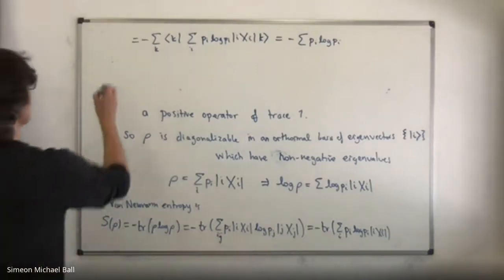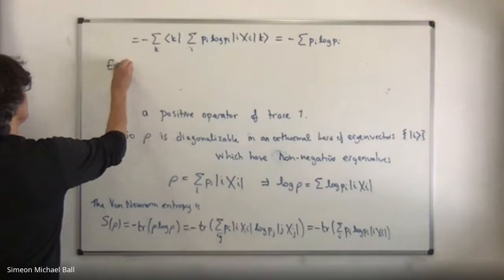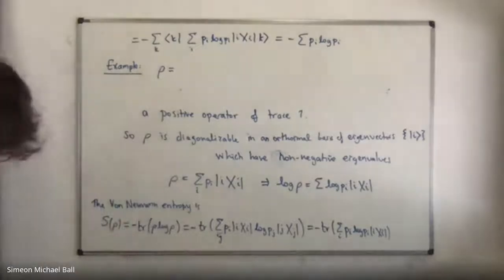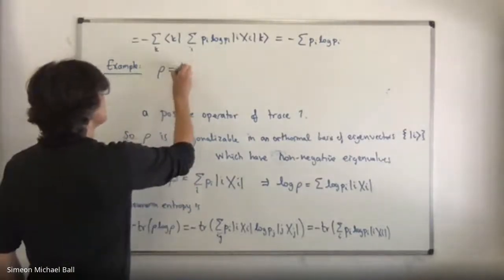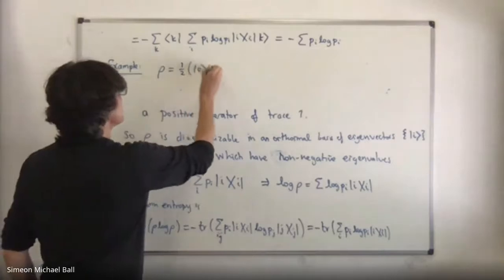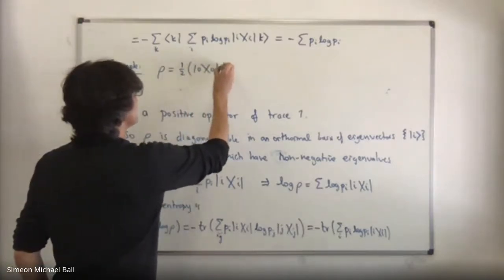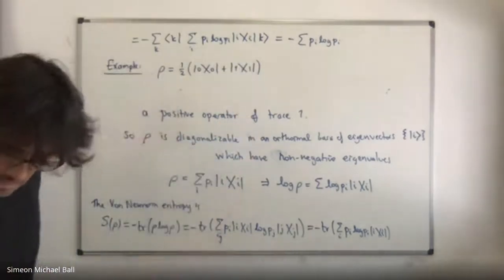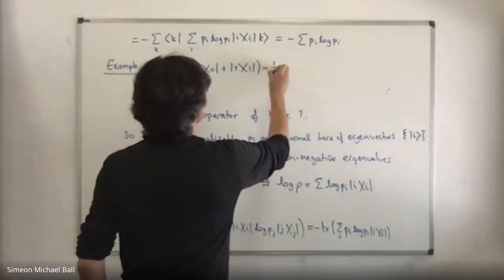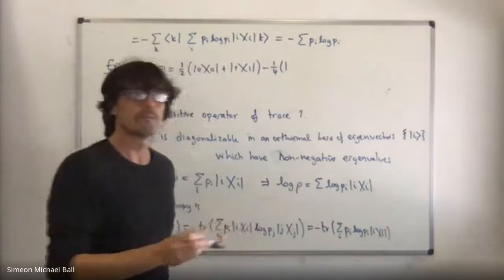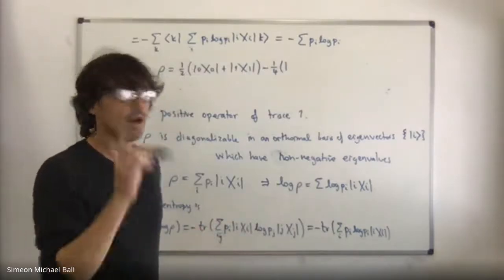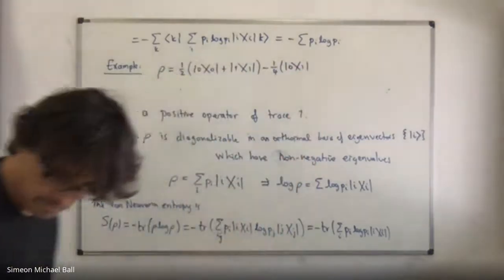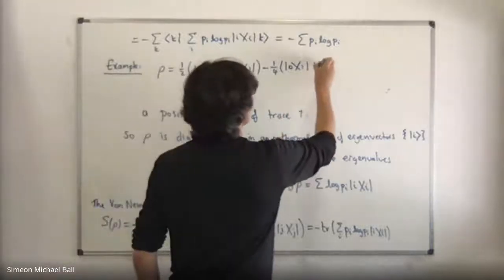So here's an example. Here is, I claim, a density operator. Now, it doesn't look like it. And that's the thing about density operators. You can't see that they're density operators per se. Well, I say that. You've got some good indication, actually, thinking about it, but let's talk about that now.